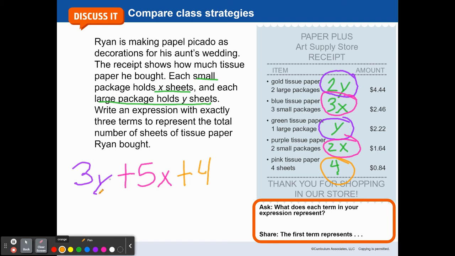So, looking back at this, I need to make sure that I have written an expression with 3 terms. 1, 2, 3. I have an expression with 3 terms. So I have combined like terms to create an expression that represents the total number of sheets that were purchased.